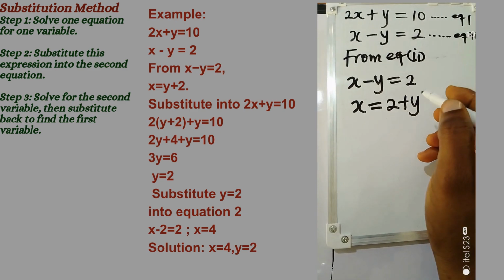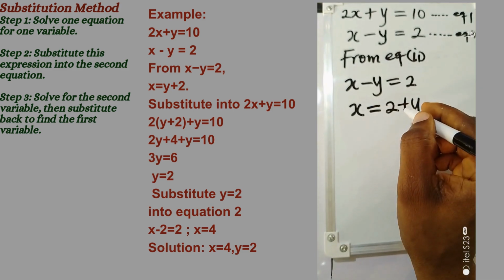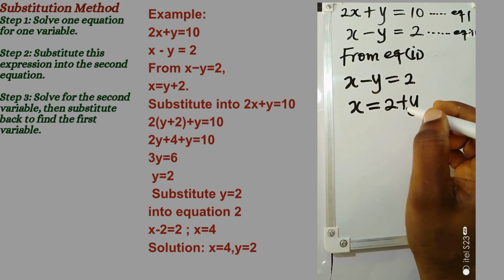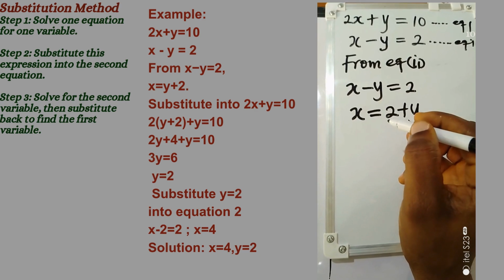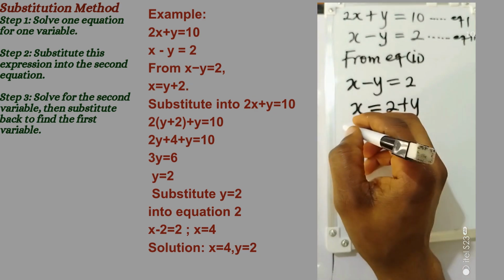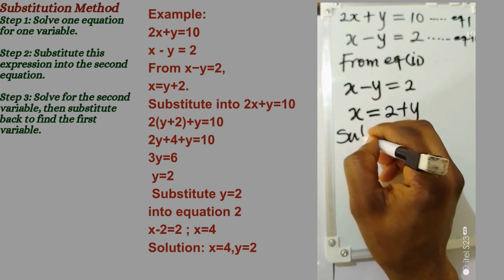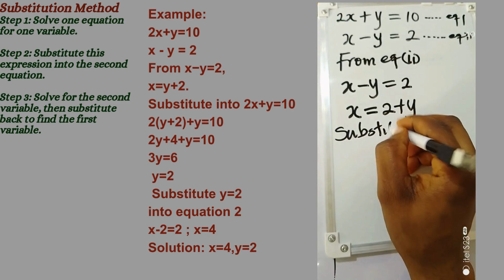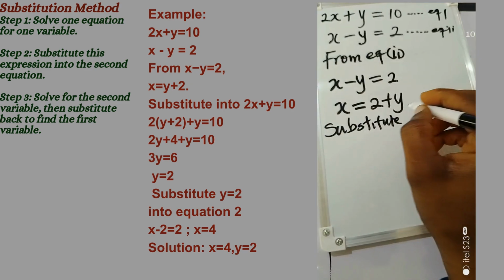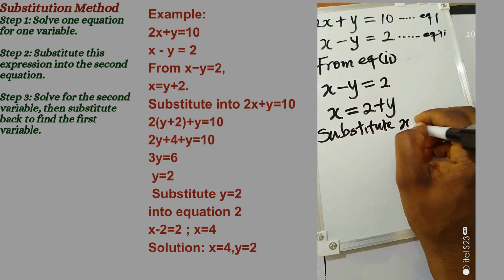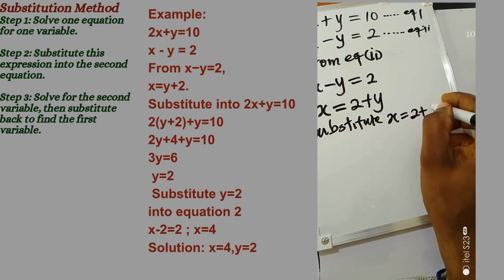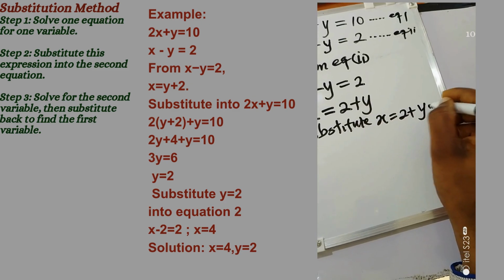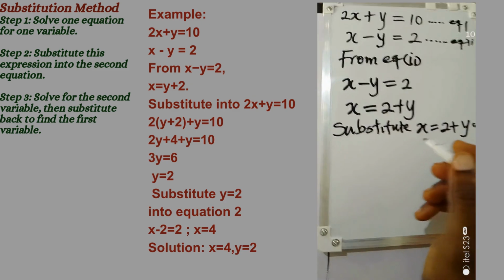So what I'm going to do is that I'm going to substitute this expression x equals to 2 plus y into equation 1. So let me substitute that. So substitute x equals to 2 plus y into equation 1.